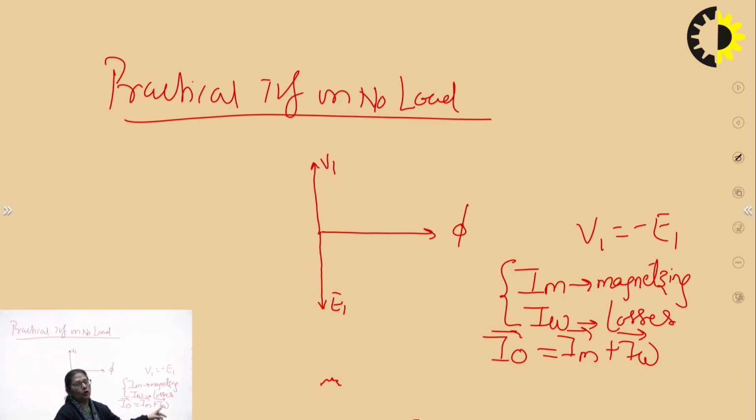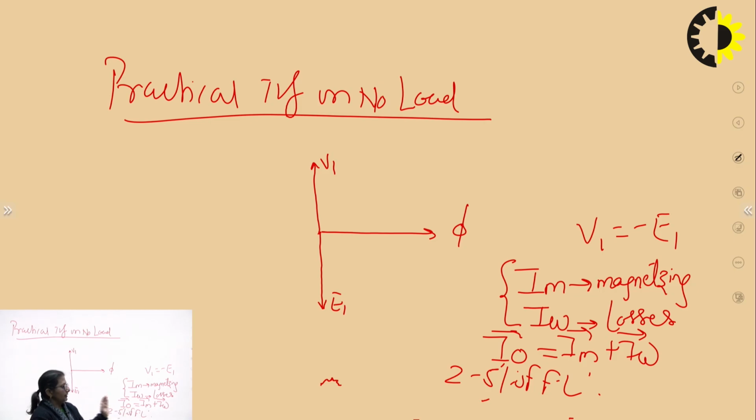Iw is the working component, which is responsible to make up for the losses. The phasor addition of these two gives me the no load current of the transformer, which is once again a very small current, nearly 2 to 5% of the full load current.